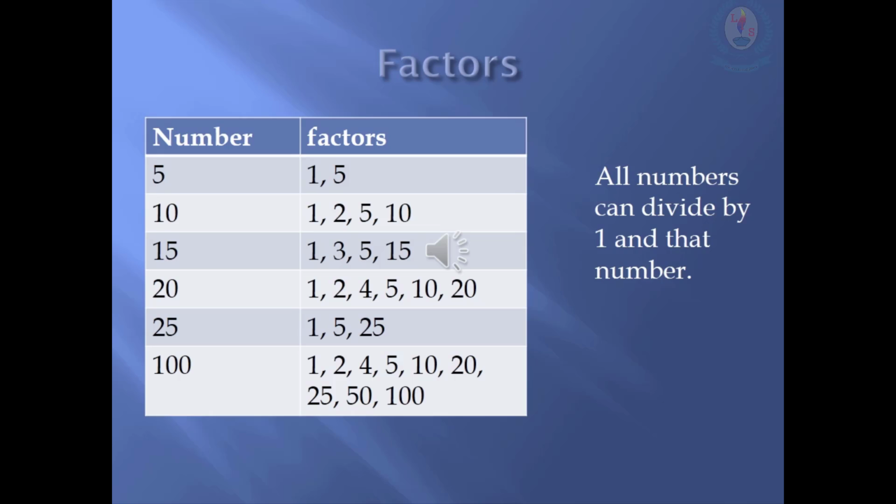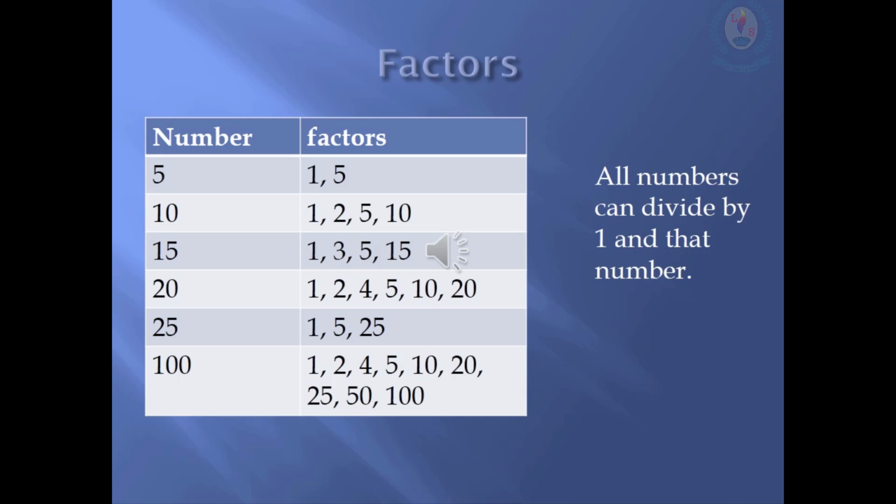The factors of 15 are 1, 3, 5 and 15. The factors of 20 are 1, 2, 4, 5, 10 and 20. The factors of 25 are 1, 5, 25.